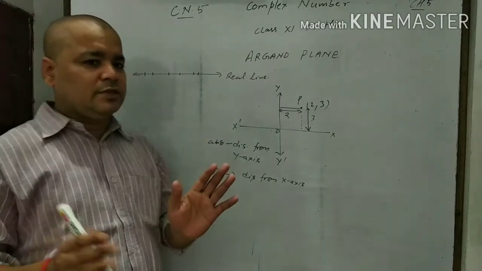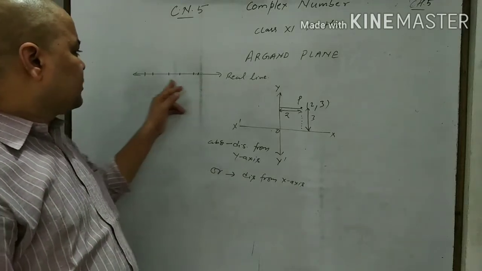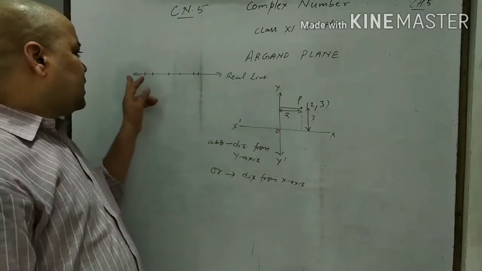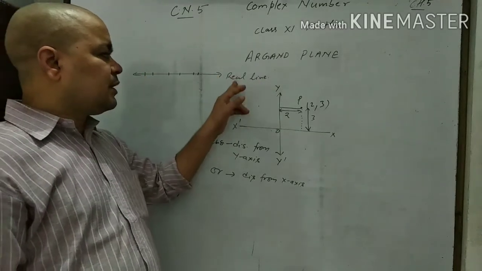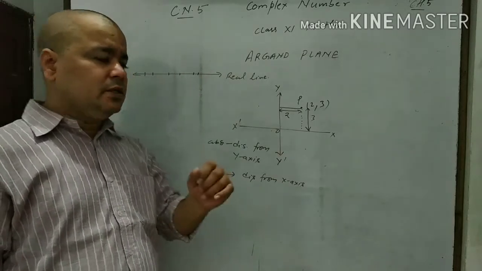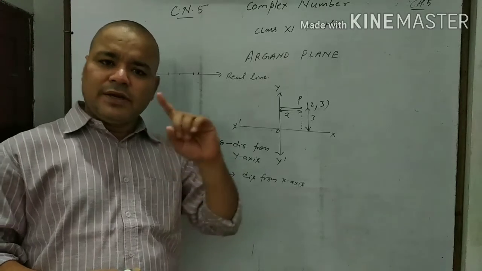Again I am saying two different things. The first one, for each point on the real line we have a real number. And the second thing, for each real number we have a point on the real line.